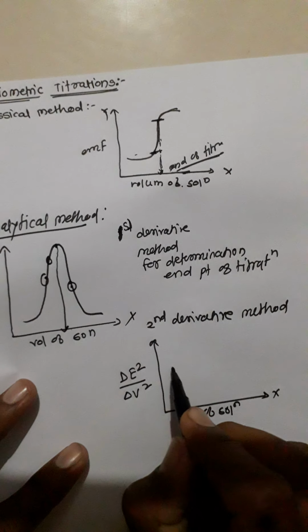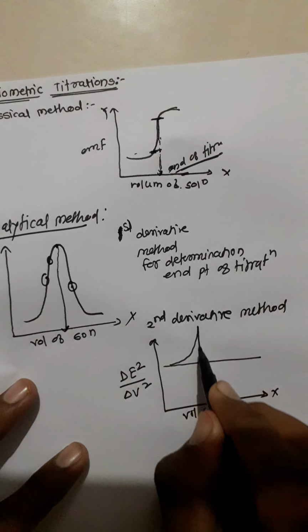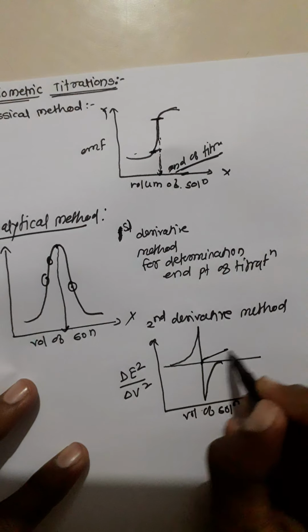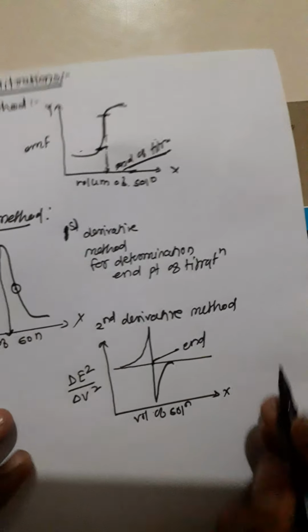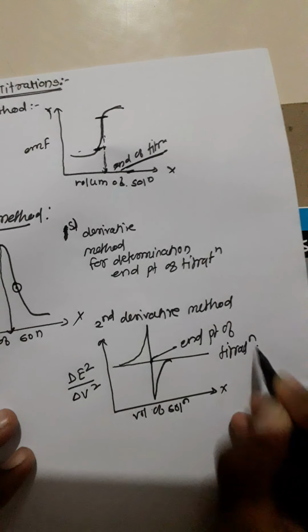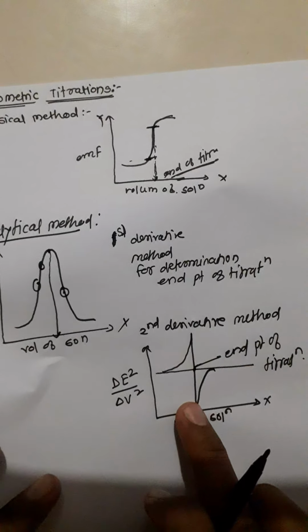The nature of the graph is like this. This is the end point of titration. This is the first derivative method and this is the second derivative method.